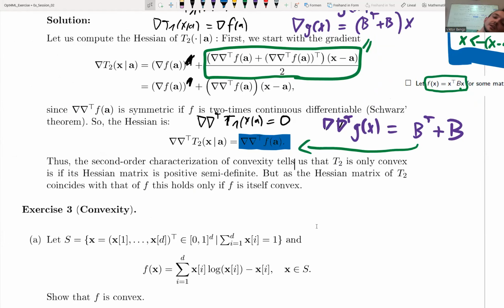And with the second order characterization, we know a function is convex if and only if it's 2 times continuously differentiable, and the second order Taylor approximation is 2 times continuously differentiable. It is convex if and only if the Hessian matrix is positive semi-definite.